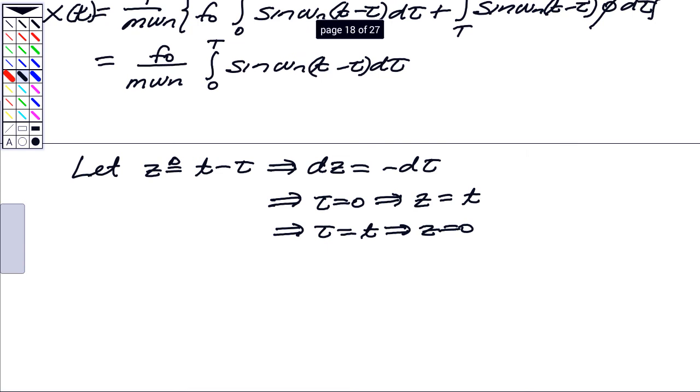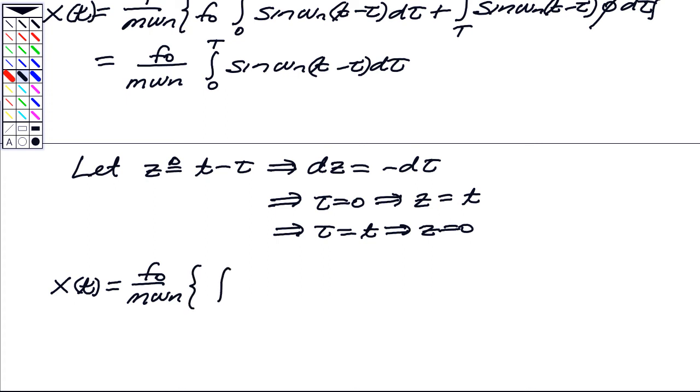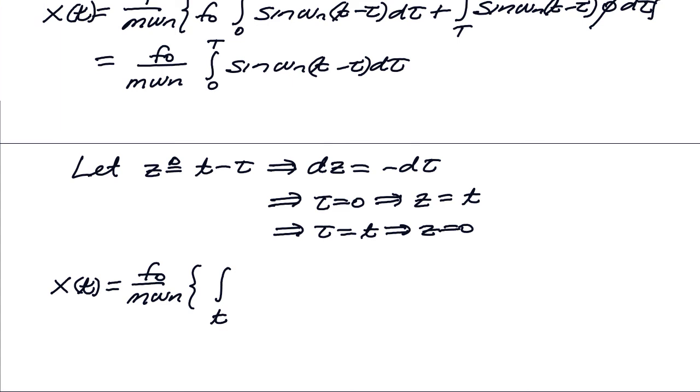So this says then that our x at t, our convolution integral, becomes f naught over m omega n times the integral from z equal to t all the way up to... I'm sorry, the upper limit here was not small t.